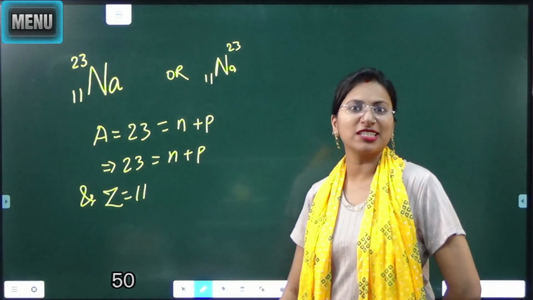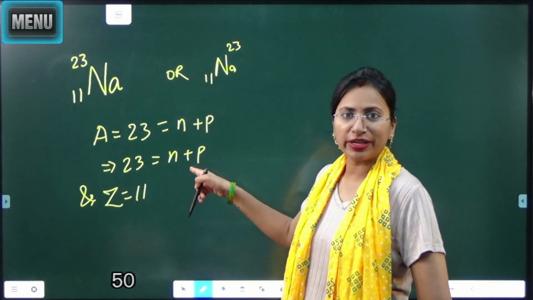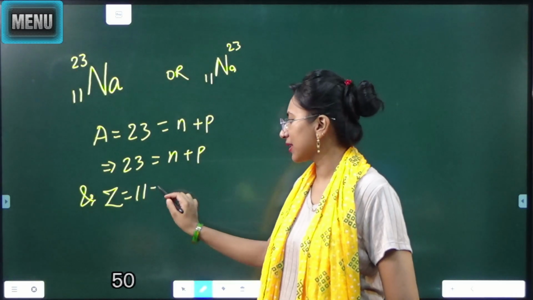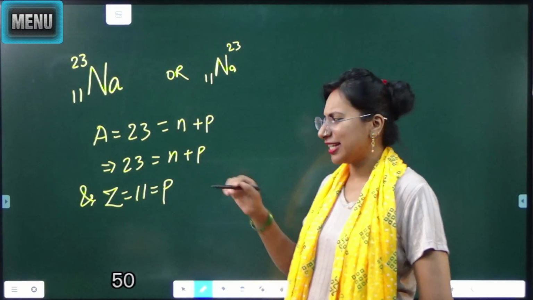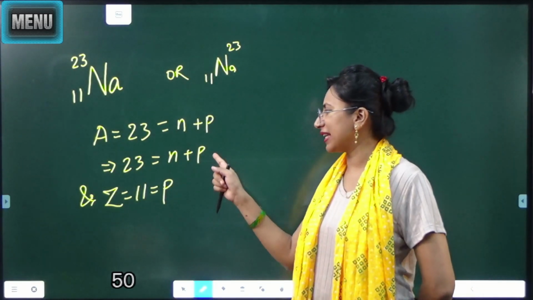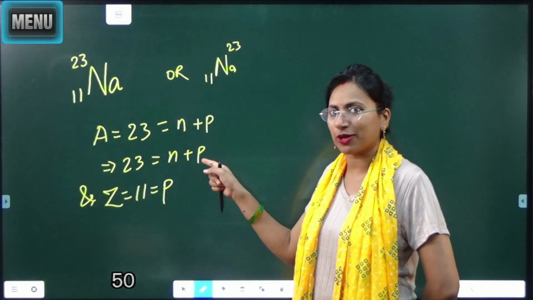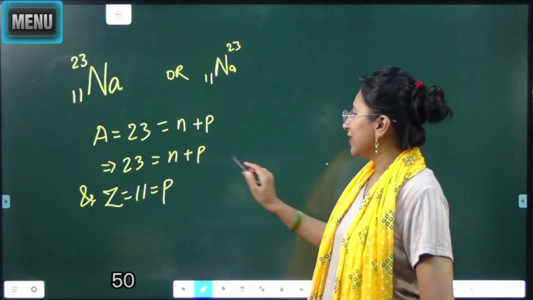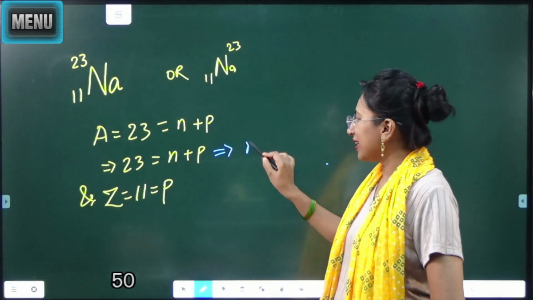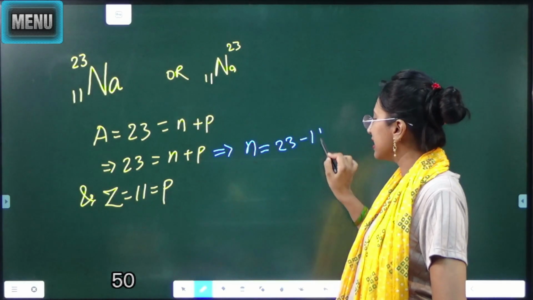And what does this Z represent? The total number of protons. We have already denoted it with p, so this 11 is equal to p. Now if you replace the value of p as 11 in this equation, you can calculate n as 23 minus 11.